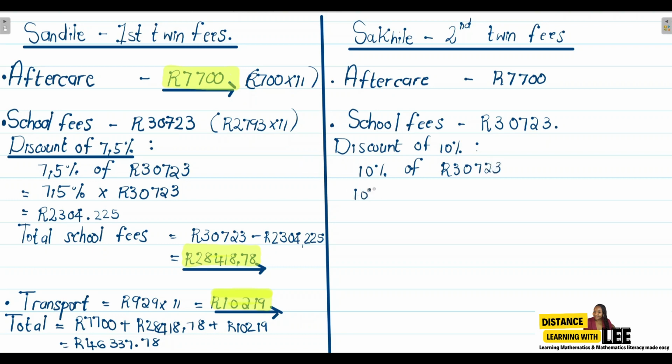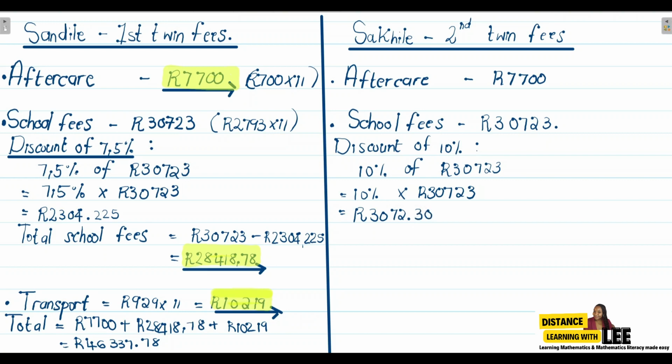So let's do that. 10% of 30,723. We see that "of" means we multiply by 30,723. If you punch that into your calculator, you'll find that the second twin got a discount of 3,072 rand and 30 cents.